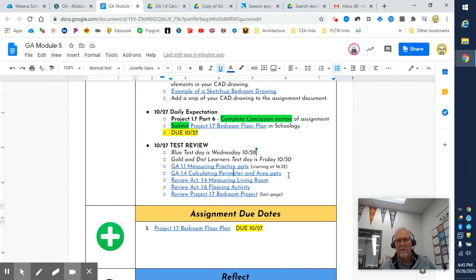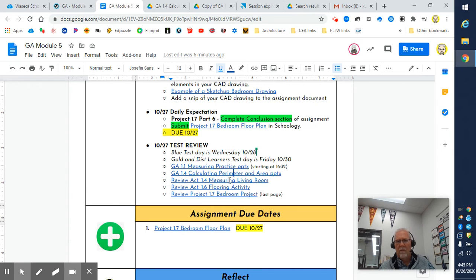Now, one thing to remember, and this is part of that PowerPoint as well, if you have a door in a room and you're trying to figure out how much baseboard, in other words, that little material that goes along the bottom between the floor and the wall, how much baseboard would you need? Well, keep in mind, if you've got a door, you don't put baseboards on the door. So it's the perimeter minus the width of the door opening. So something to think about there. The PowerPoint will walk you through that.